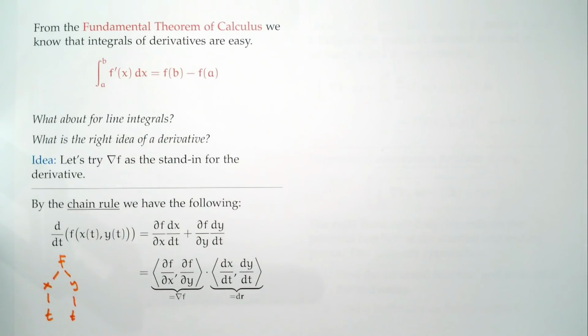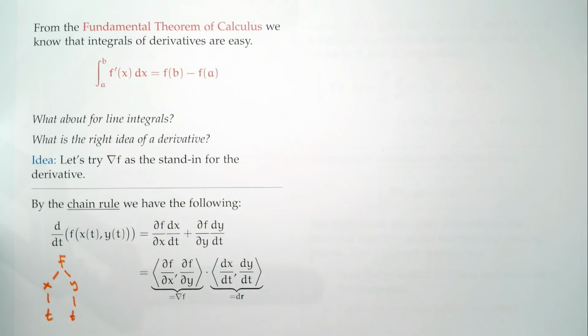And I'm asking the question, how does this change as I change t? So we apply the chain rule, and you take the derivative of the function with respect to x, which is partial f partial x, times the derivative of x with respect to t, dx dt. And that's one way it changes with respect to t. But there's a second, which is you take the derivative of the function with respect to y, partial f partial y, and you multiply that by dy dt.